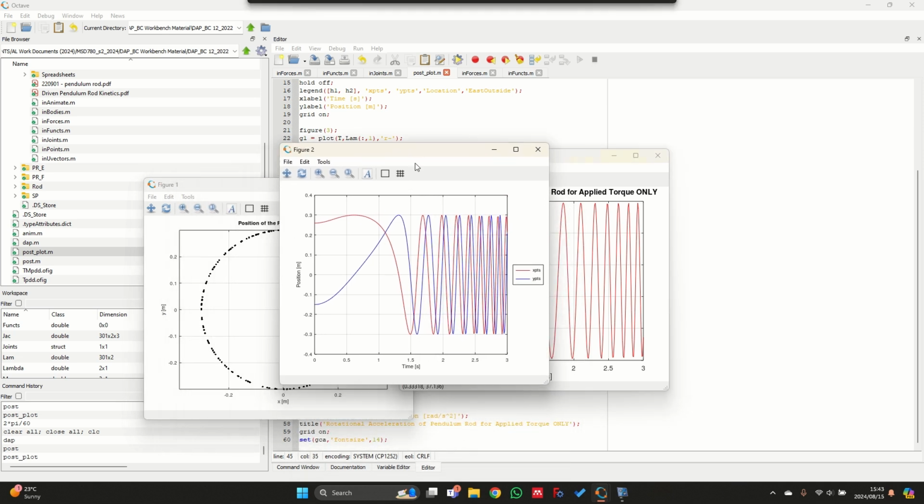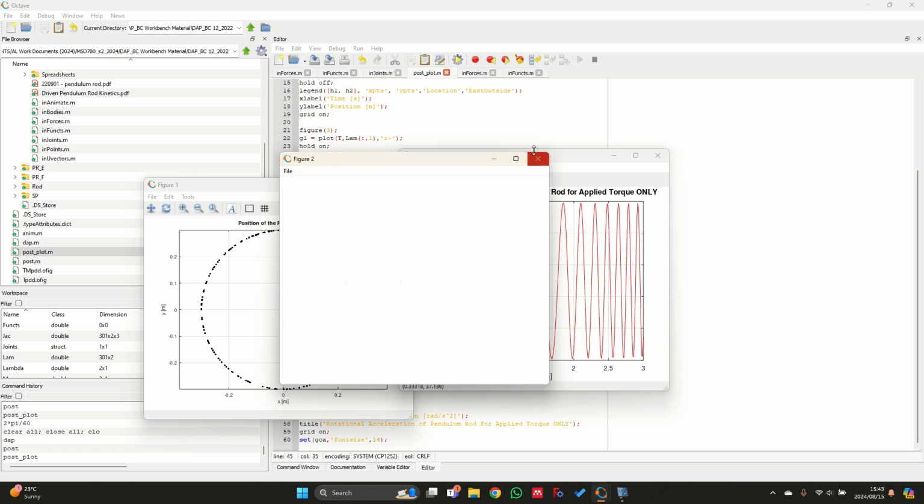And then you can also just go and check the actual coordinates of the center of mass of the pendulum rod, and over here we can see that the frequency increases at a much more rapid rate than what we had in the case where there was a relative rotation driver specified.